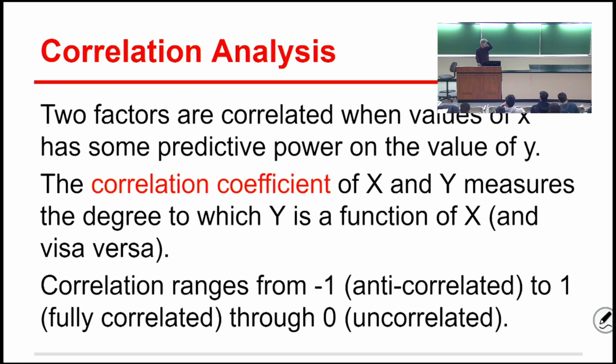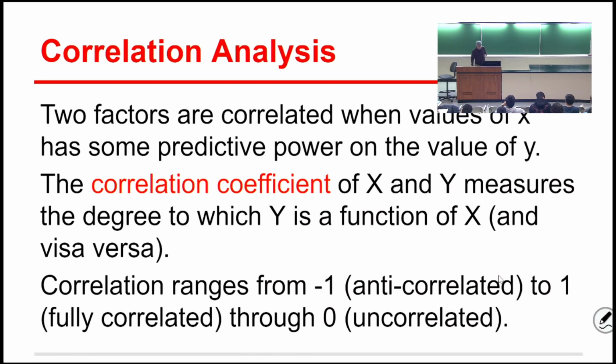But if I said your weight and -1 times your weight, right? The bigger your weight, the smaller the negative of your weight is. Does everybody agree with that? And if I know your negative weight, do I know your weight? So that would be an example of an anti-correlated function, okay?